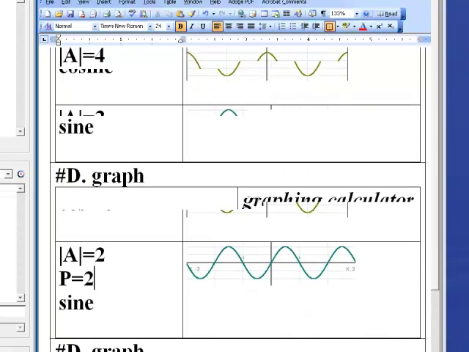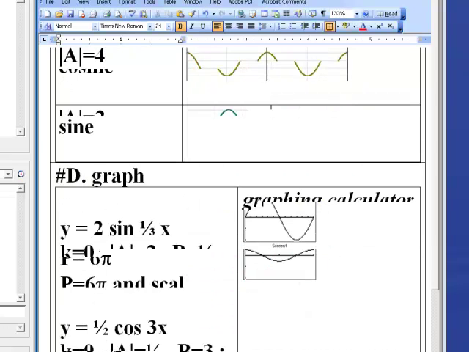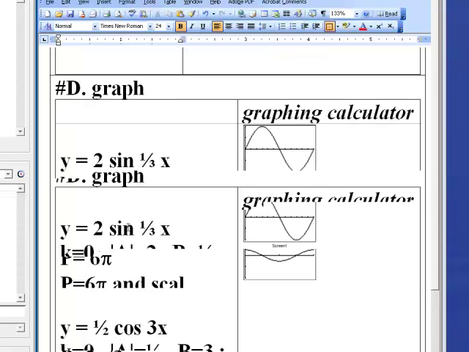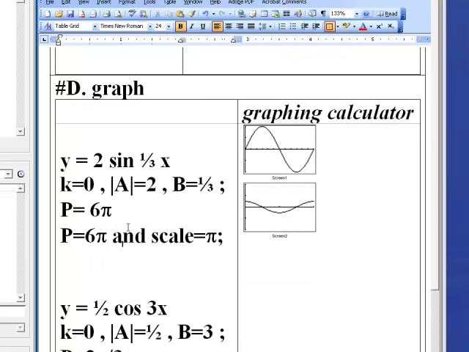One more problem to do. It says graph the following. I'm going to just pause for a moment so I can find it in my notes.